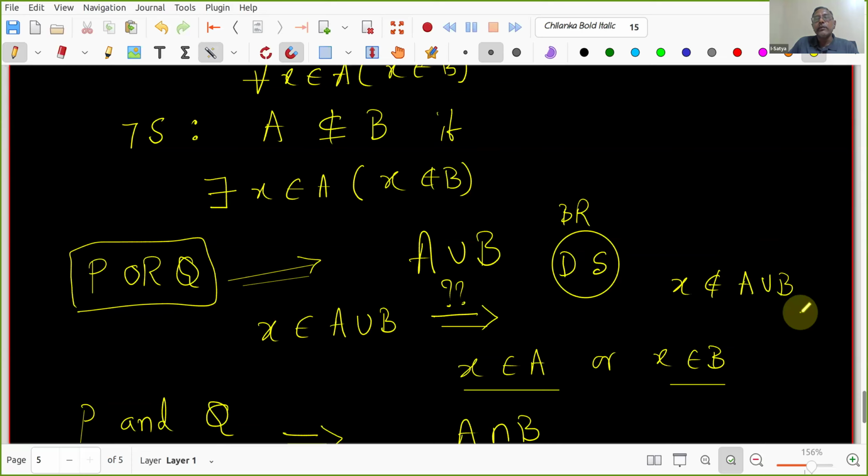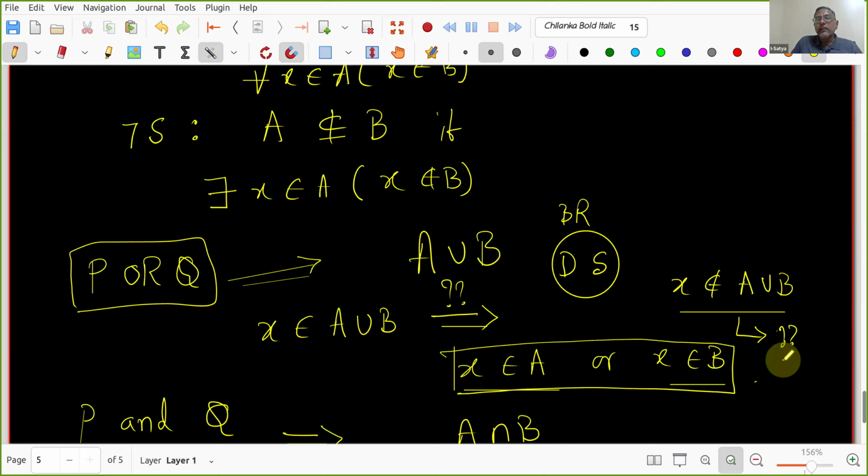These you need to discuss, even though I have not asked. What do you mean by x does not belong to A union B? So the negation of this statement, what is its meaning? That is the negation of this, right? What is the negation of this? You need to ask those things also.